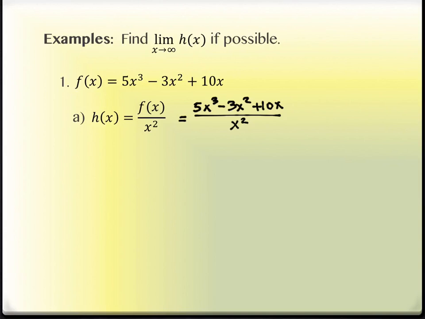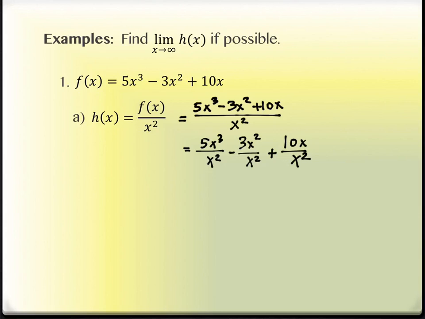So how do we do that? Well, we divide each piece by x squared. We're just separating all the pieces out. So we can rewrite this as 5x cubed over x squared minus 3x squared over x squared plus 10x over x squared. Does that make sense?